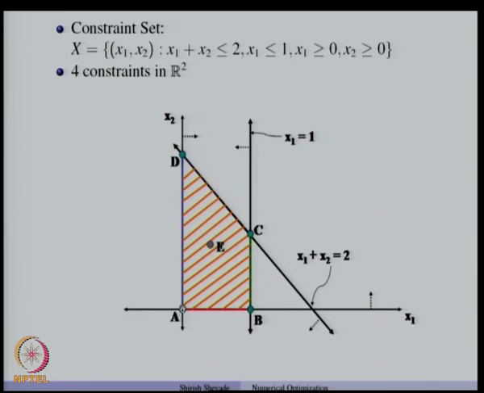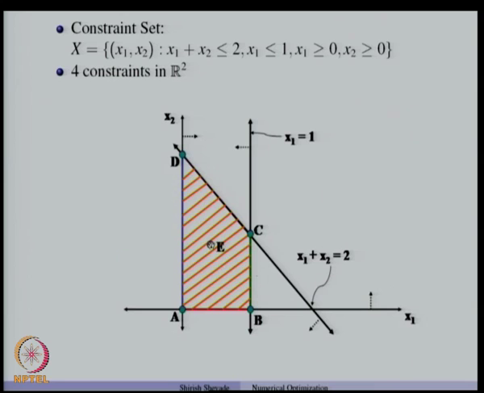Similarly, if we take the point A, then the last 2 constraints are active and the other 2 constraints are inactive. On the other hand, if we take a point like the point E, which is in the interior of the set, none of the constraints is active at this point.